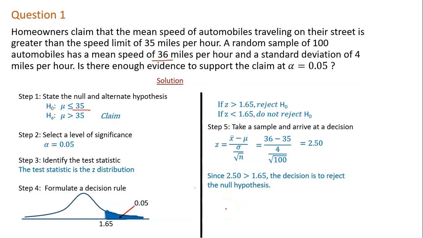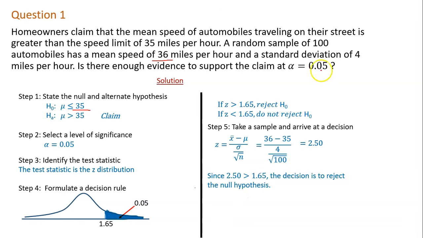Now before we conclude, check the claim. The claim was the alternate hypothesis, isn't it? Remember in the previous video, where I talked about the introductory part of hypothesis test, I showed you how to conclude that if the alternate hypothesis is the claim, okay, and you reject the null hypothesis, you should conclude that there is enough evidence to support the claim, isn't it?